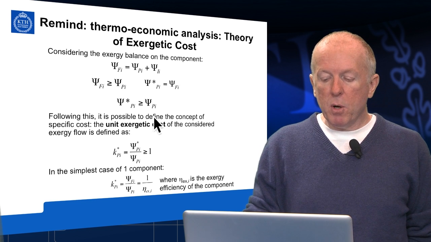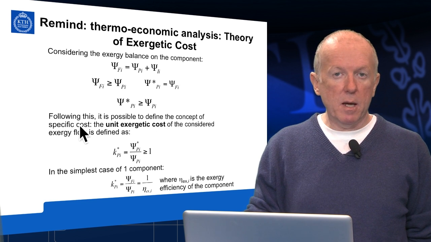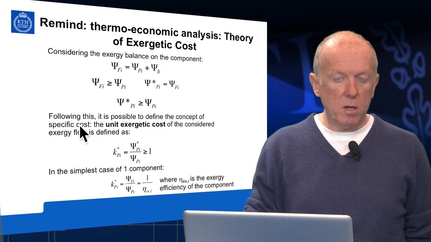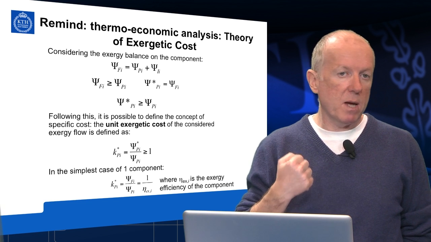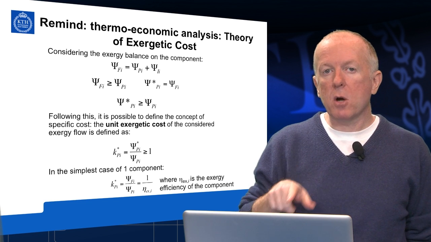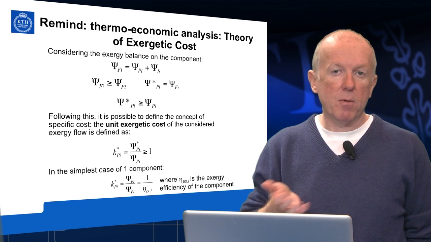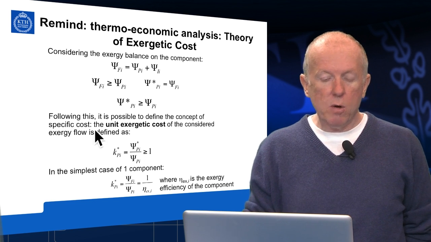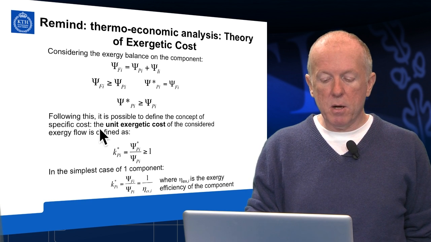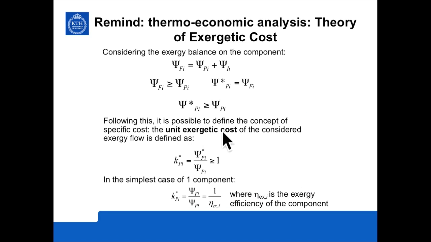Following this, it is possible to define the concept of a specific exergetic cost. We can normalize the exergetic cost with respect to the exergy flow of the stream that we are considering, and we obtain the concept of unit exergetic cost.